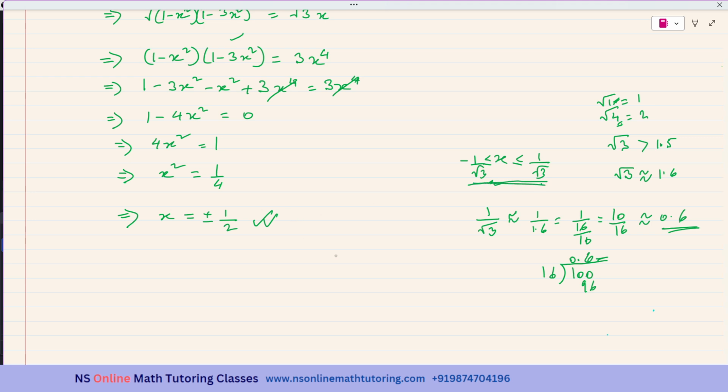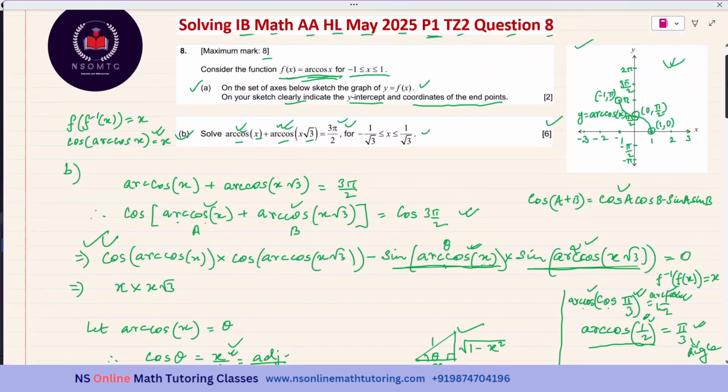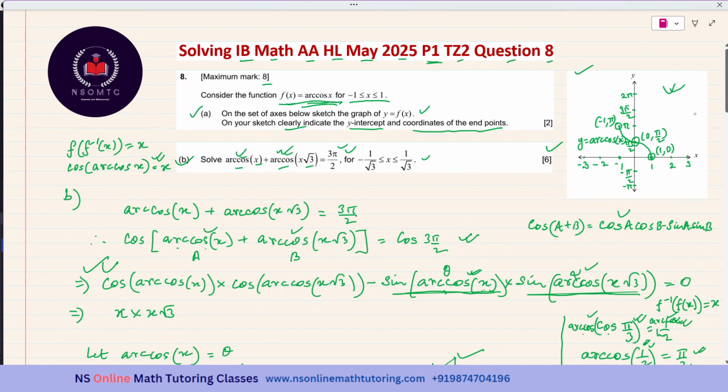But can we take both the values of x? We have to always check for a trigonometric function equation or a logarithmic function equation. We have to always check whether we can accept all the values of x or the variable present in the equation. We can accept all the solutions or not.